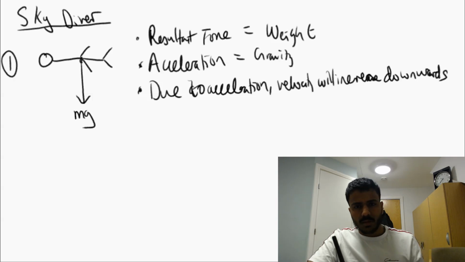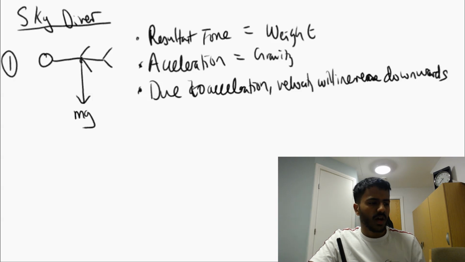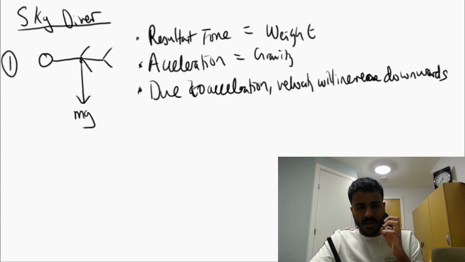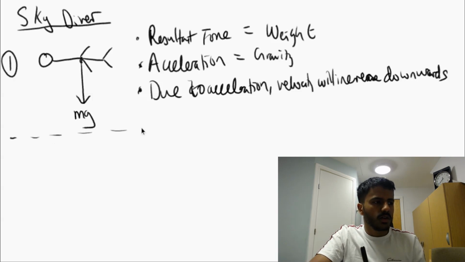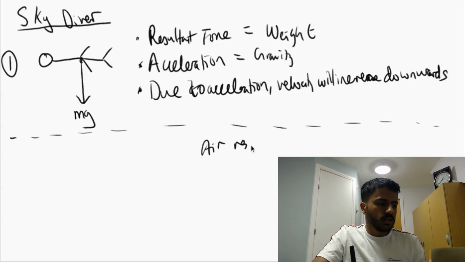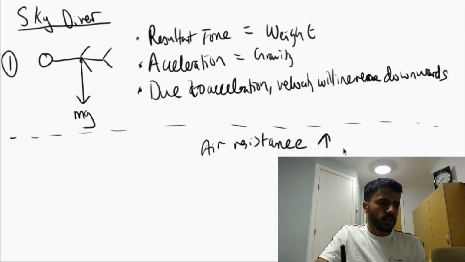Now, as some time elapses, we know that the velocity is increasing. And the one thing that you need to know about air resistance is that air resistance increases when velocity increases.